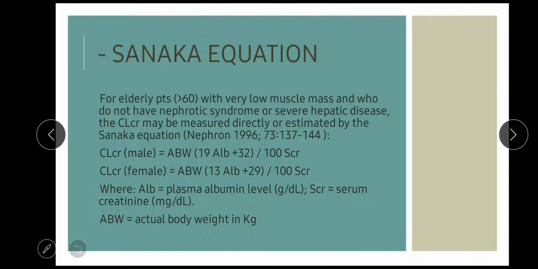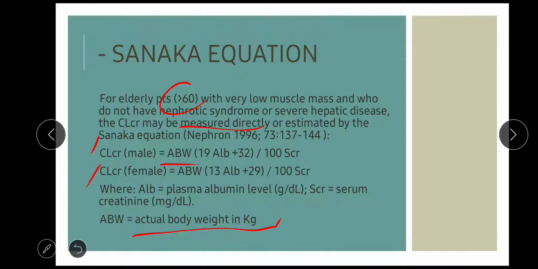Next natin is Sanaka equation. Ginagamit naman ito for elderly patients natin greater than 60 years old, for seniors with very low muscle mass and who do not have nephrotic syndrome or severe hepatic disease. It may be measured directly or estimated by Sanaka equation. So, magkaiba ulit ang pang-male natin and pang-female natin, wherein yung ating AB dito is yung actual body weight.